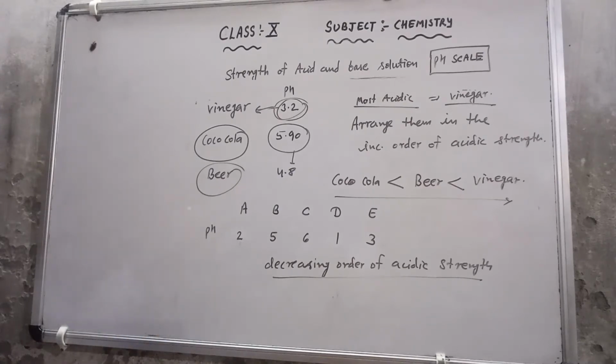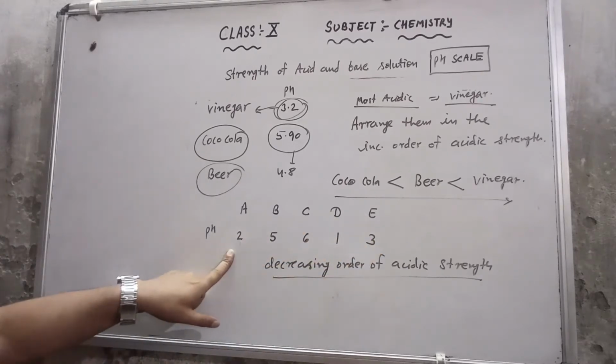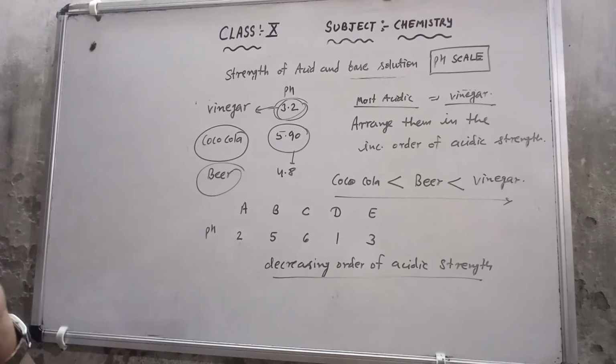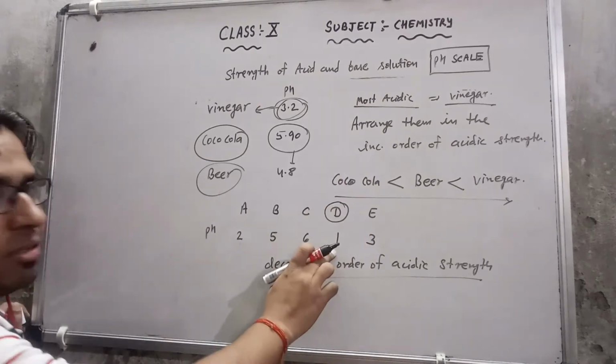First of all, check that all the values are less than 7, so all are acidic in nature. The maximum acidic is the one whose pH value is minimum. Whose value is minimum? D, its value is 1.